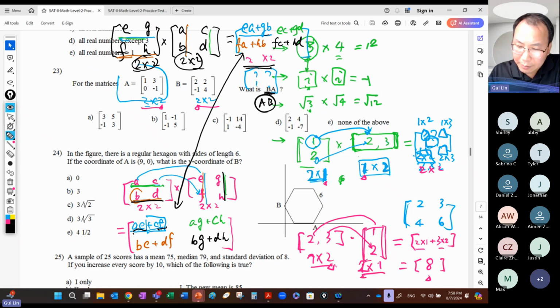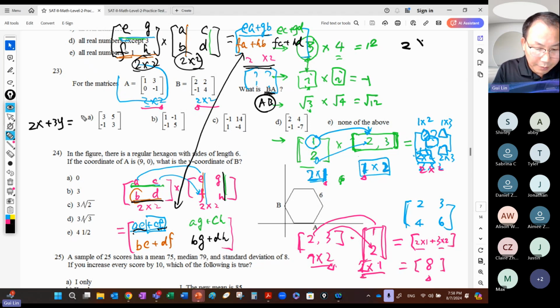Let me give a quick example. 2x plus 3y equals, I'll give any number, 8. Then 4x plus 5y equals another random number. I don't know if there is a solution, but I just give a random number first.